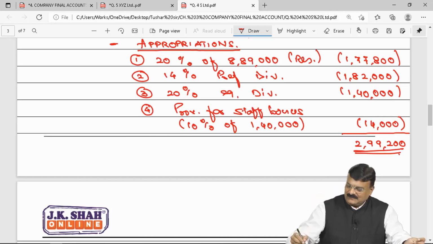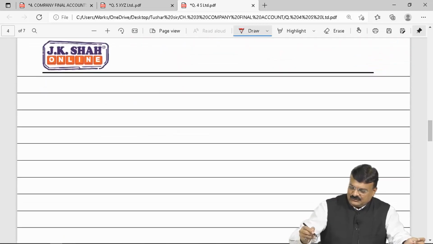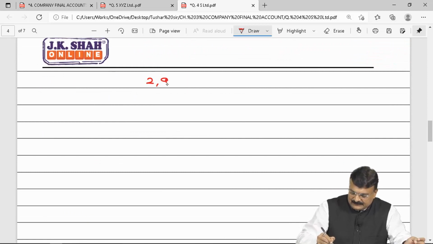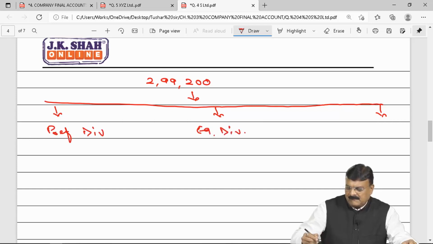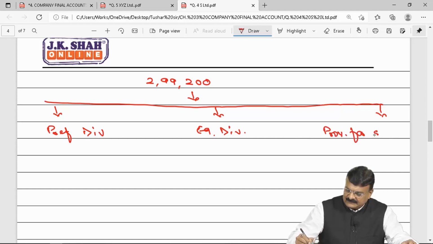So this 299,200 has to be distributed: one for preference dividend, then equity dividend, and whatever is equity dividend, provision for staff bonus.